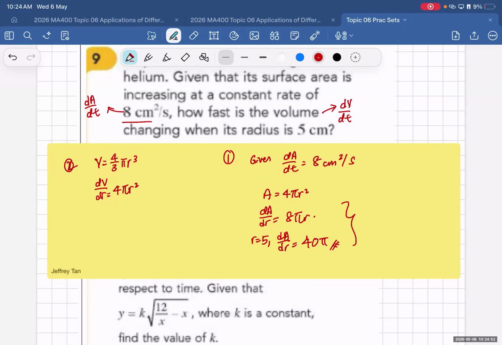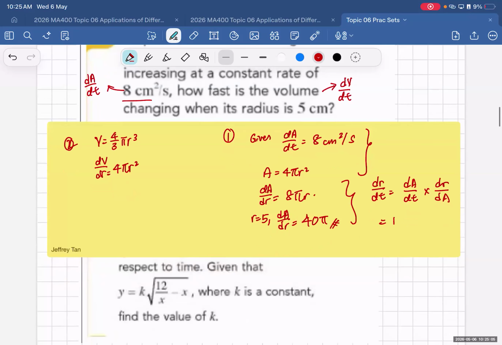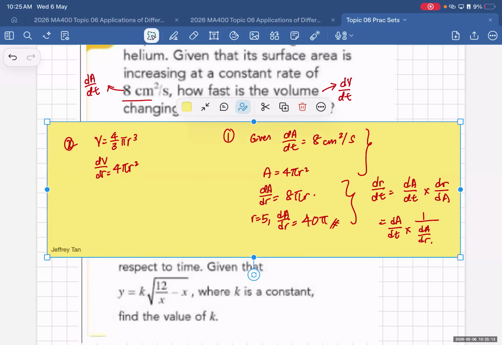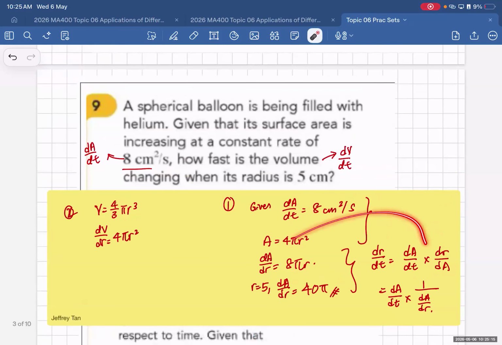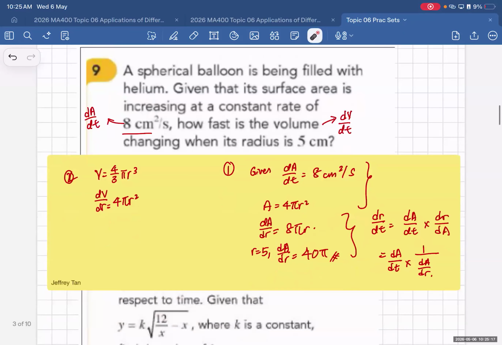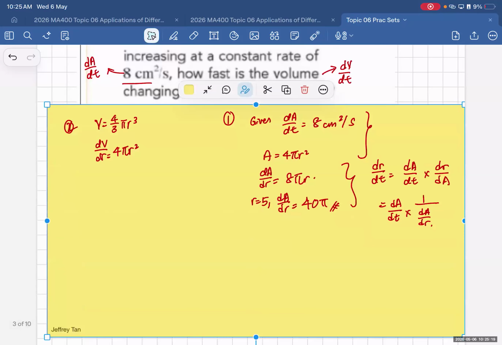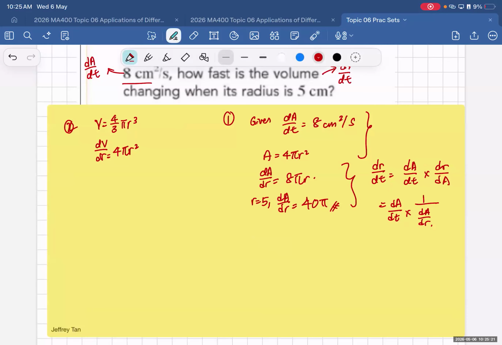Following this, dr/dt is the same as dA/dt times dr/dA, or dA/dt times 1 over dA/dr. Is that okay? Focus on this side first. I'm doing this first now. With that, dA/dt is 8.